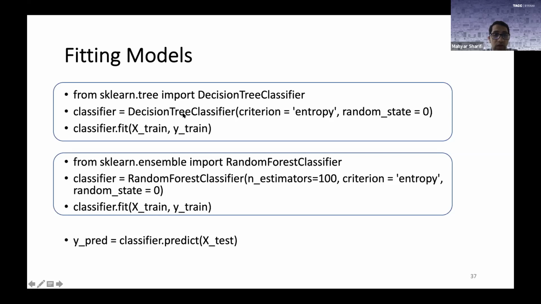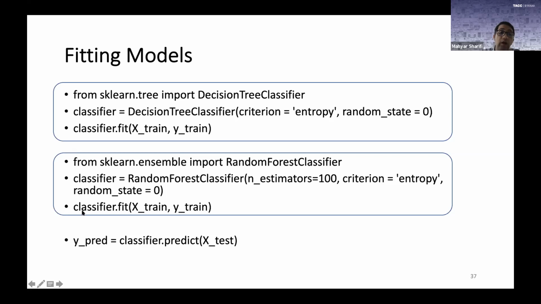Once your object is created, you will need to fit it to the training data set using the ground truth of the training data. And similarly, you will select the random forest classifier from ensemble and pass in its own inputs. In this case, I'm passing the number of estimators for the random forest classifier. I'm essentially creating 100 trees, and I'm selecting each of those trees to be split optimized based on the criterion of entropy.